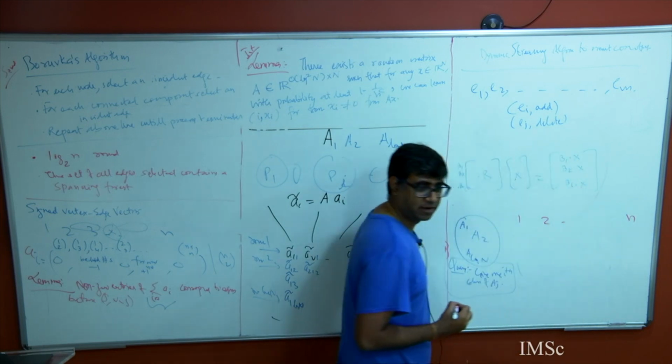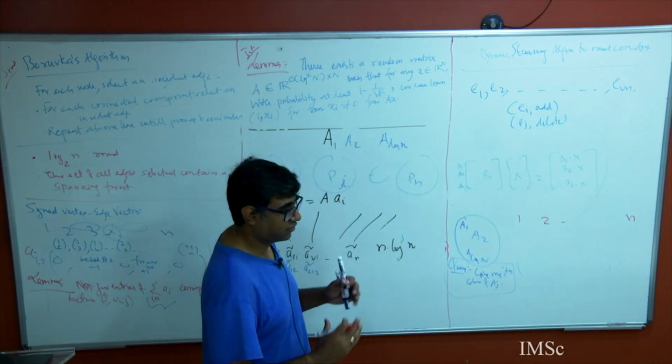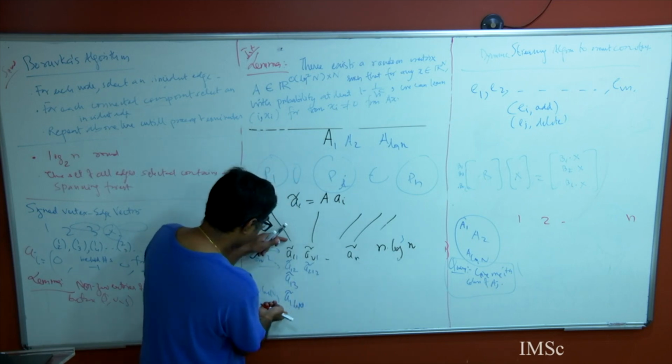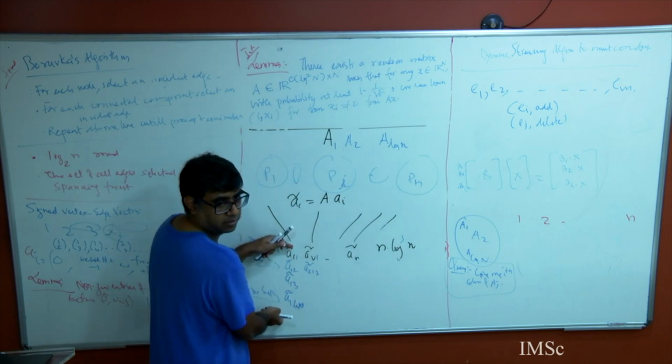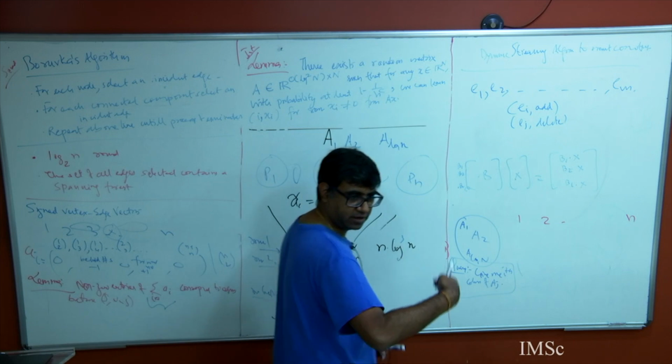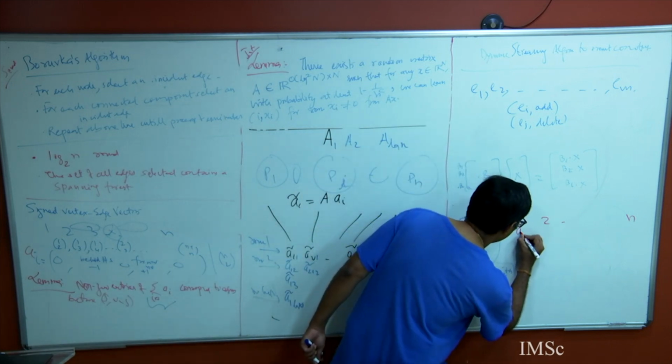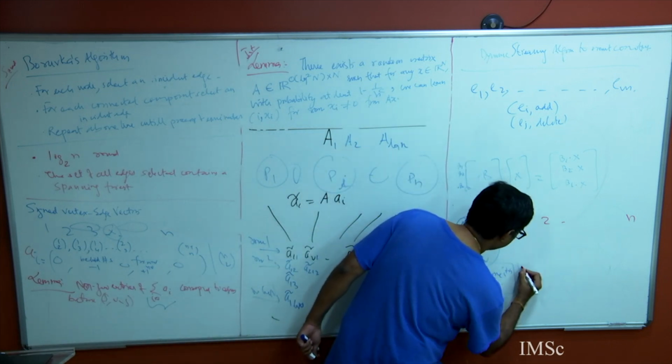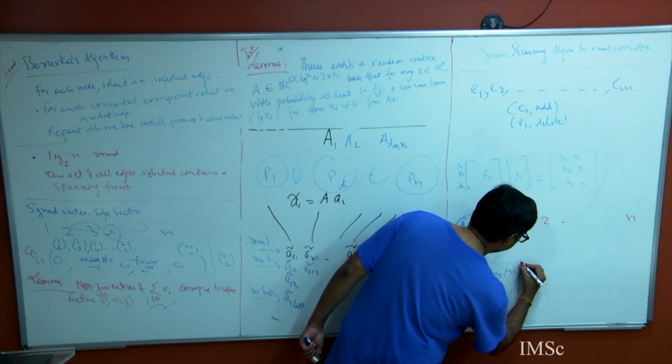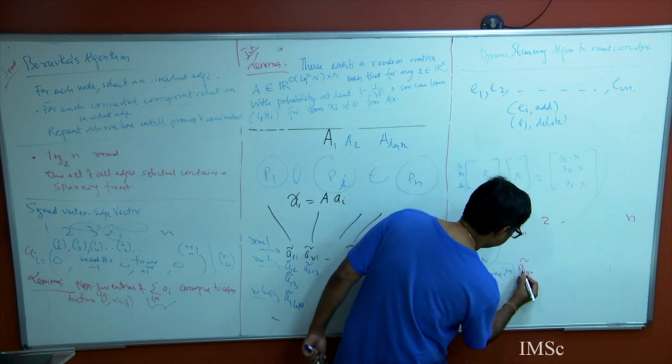So I have n data structures, and each data structure has how many objects? This is a vector which I'm trying to maintain. It is the current A1 tilde, ..., A log n tilde. This is the current one.